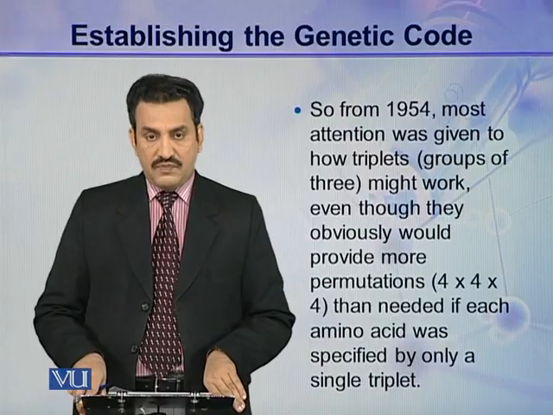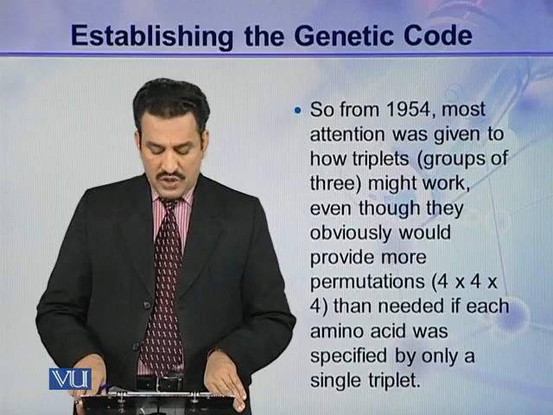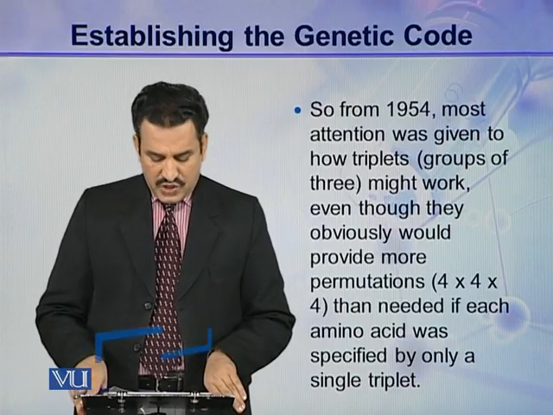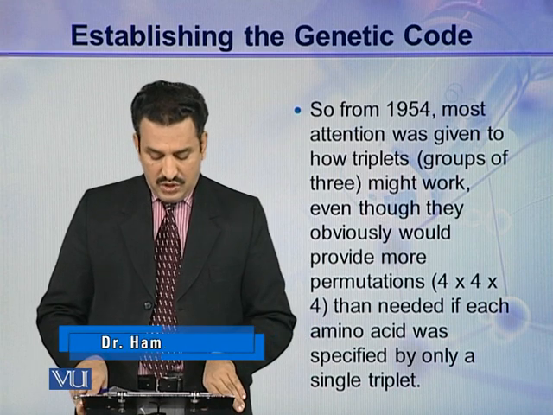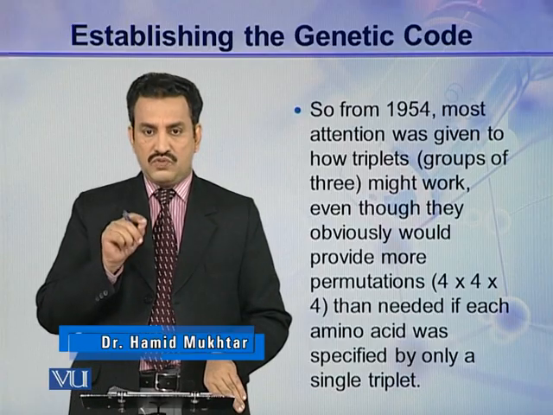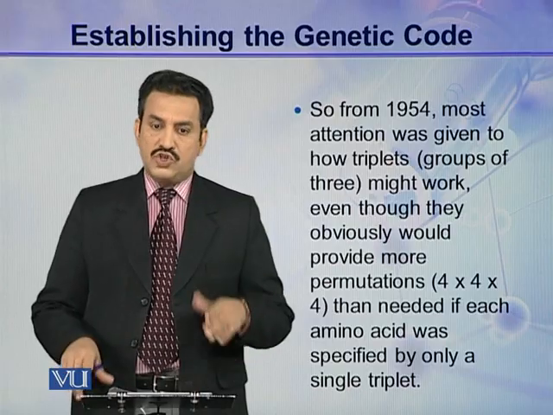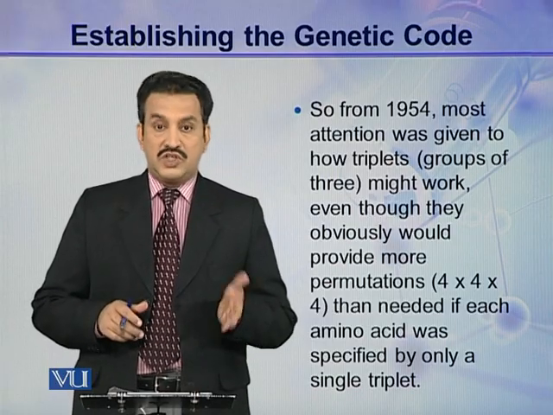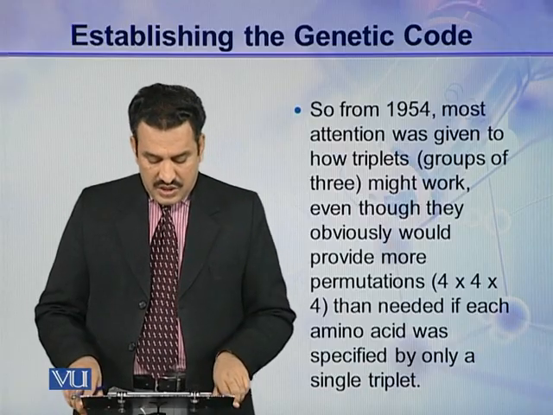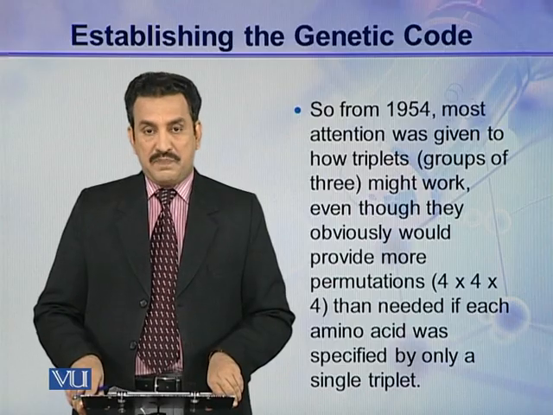So, from 1954, most attention was given to how triplets, or groups of 3 nucleotides, might work, even though they obviously would provide more permutations, that is 4 x 4 x 4, which is 64, than needed. Only 20 are needed, but 64 possible combinations can be made. Each amino acid was specified by only a single triplet.